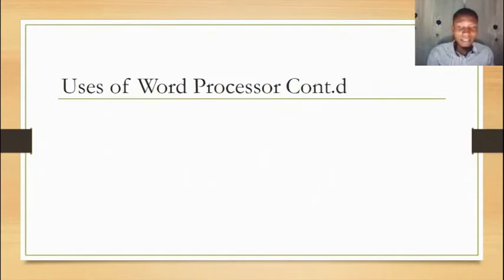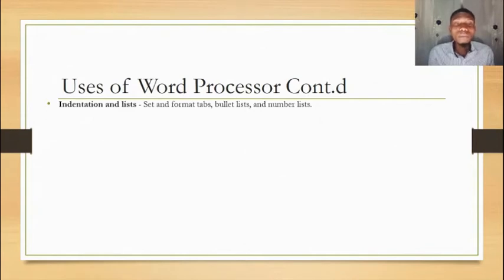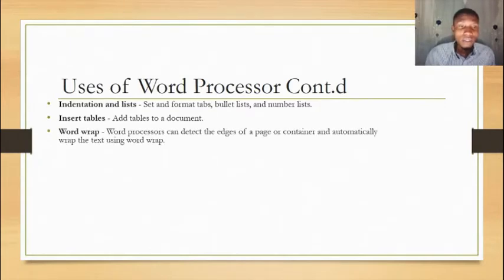Then next, still on the uses of word processor, indentation and lists. Word processor helps you set and format tabs, bullet lists and number lists. Another is inserting of tables. You can add tables to a document using the word processor. Another is word wrap. Word processor can detect the edges of a page or a container and automatically wrap the text using word wrap.